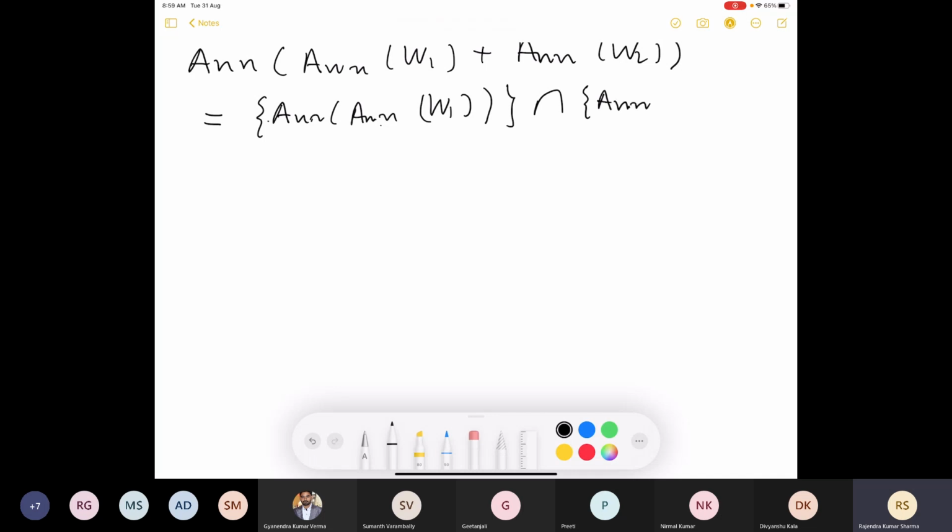The annihilator of U1 is the annihilator of the annihilator of W1, and the annihilator of U2 is the annihilator of W2. Now we know that the annihilator of the annihilator gives me the same, so this is W1 intersection W2.